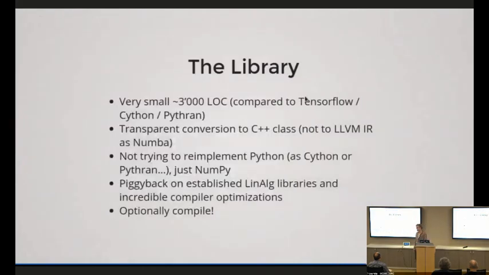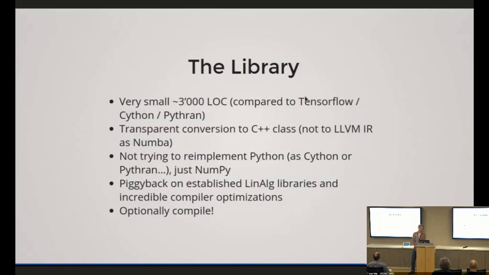And just some quick words about the library itself. The library is quite small compared to other libraries that do similar stuff, like TensorFlow. It's only around 3,000 lines of code, and it's a very transparent conversion to a C++ class.